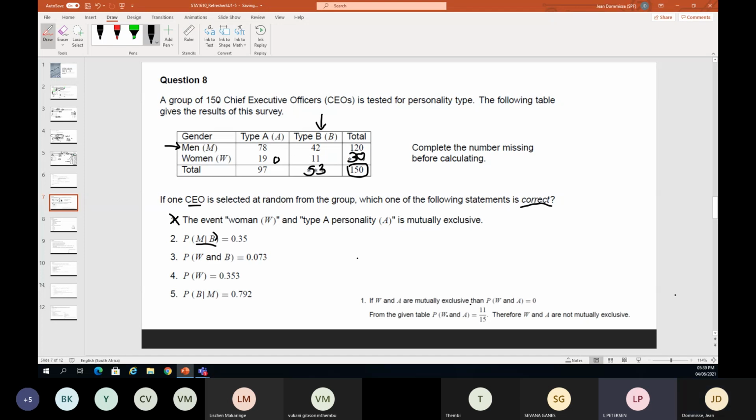For that one, you take the 42 and divide it by the type B's total, which is 53. Divided by 53.